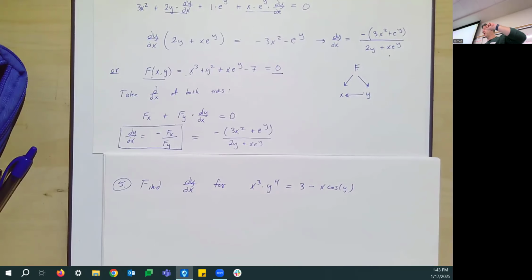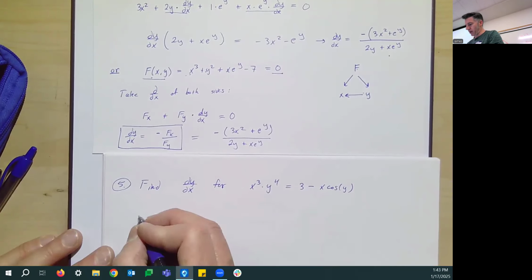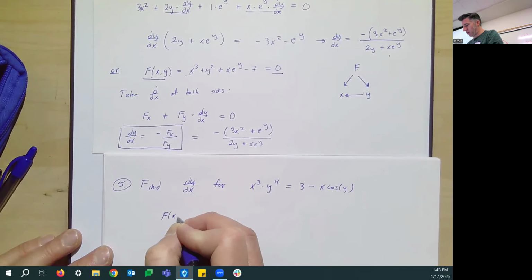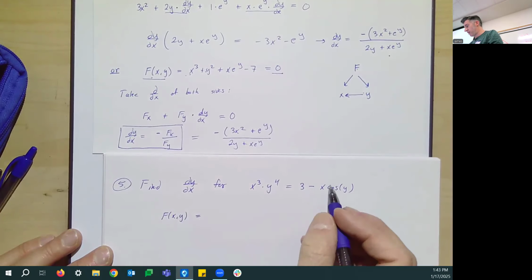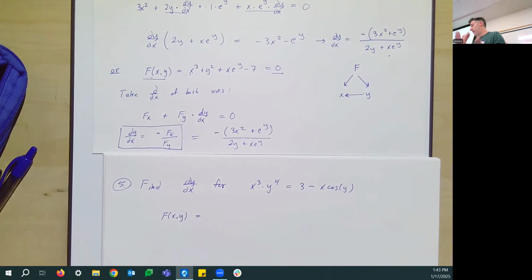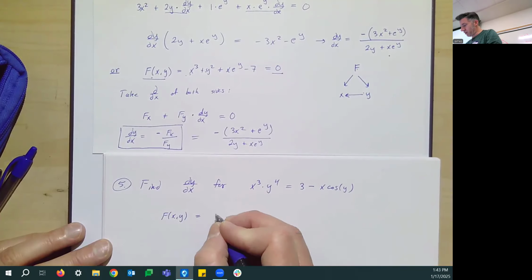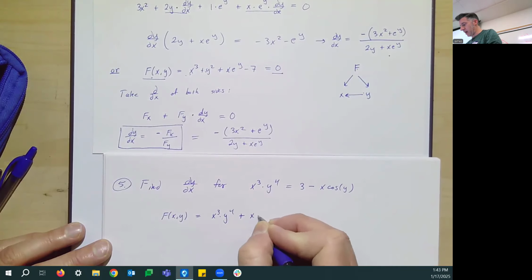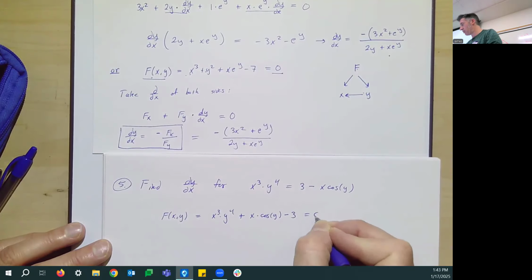You have to rewrite it so everything is on one side, so the whole thing's equal to 0. Technically, it could be everything but a constant on one side. So if you really, really wanted to leave that 3 on the right-hand side, you could, but let's not. So we're going to rewrite it as f of x comma y is equal to all the stuff brought to, pick whatever side you like, I'm going to pick the left side generally. So x cubed times y to the fourth plus x times cosine of y minus 3 equal to 0.